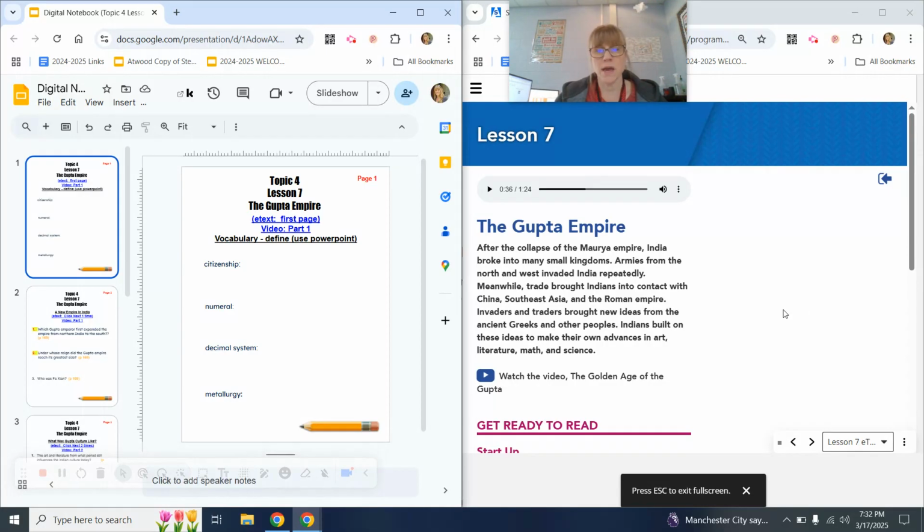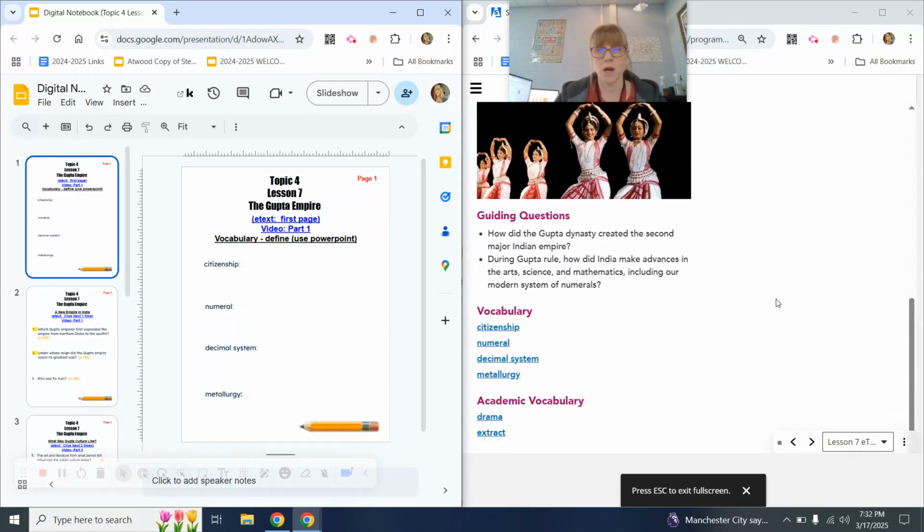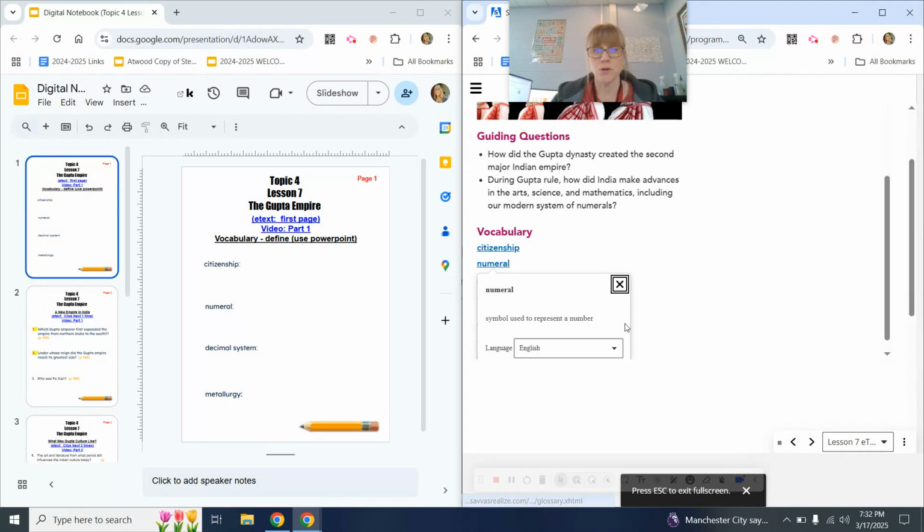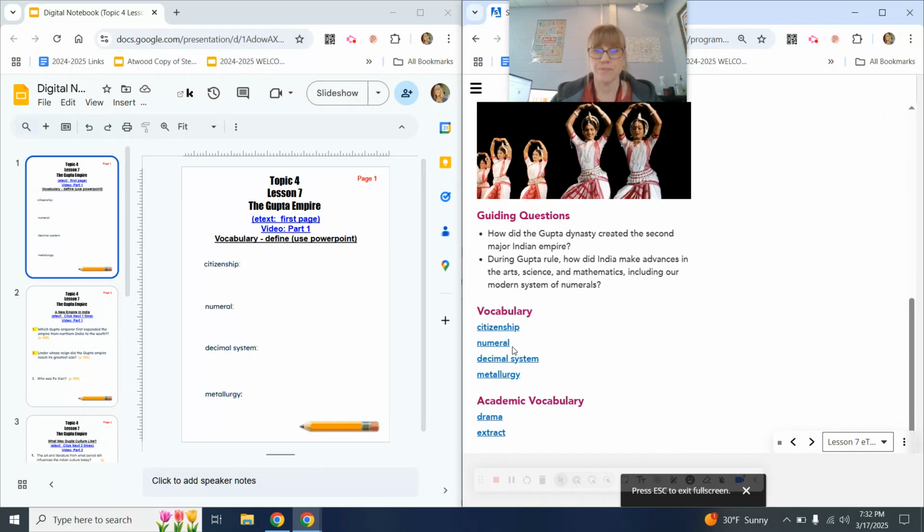All right, let's look at your vocabulary words. You've already experienced these as you've already done your Freyer. We have citizenship, membership in a state or community which gives a person civil and political rights and obligations. Numeral, symbol used to represent a number.